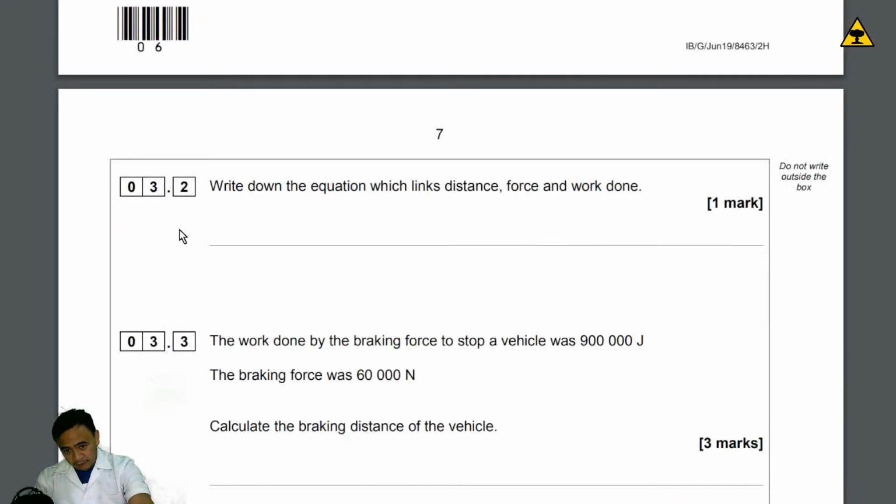Work done equals force times distance. Okay, correct. All right, let's go to the third one.